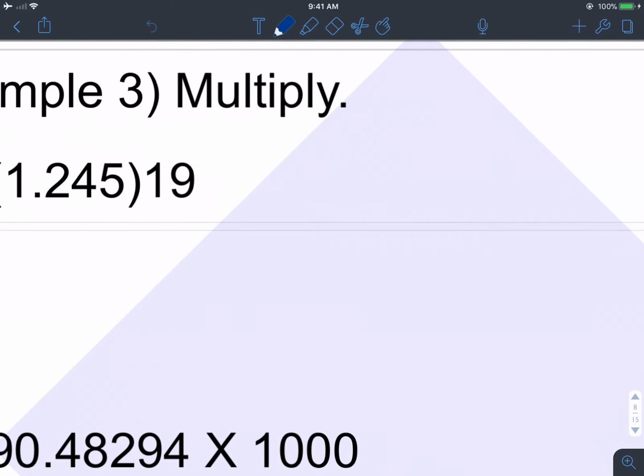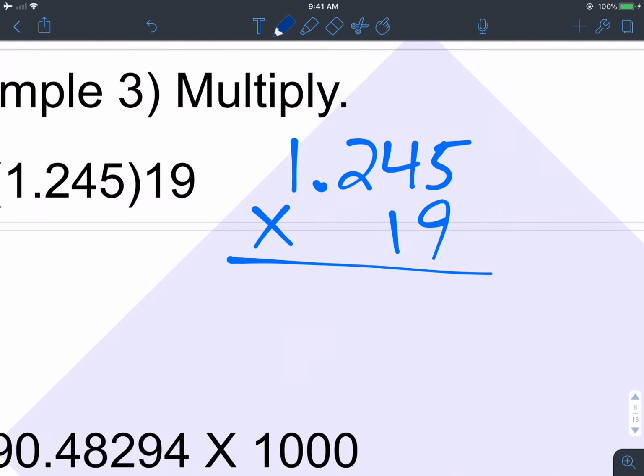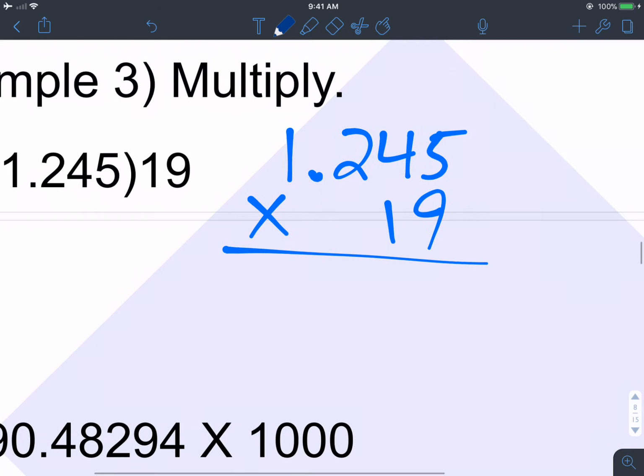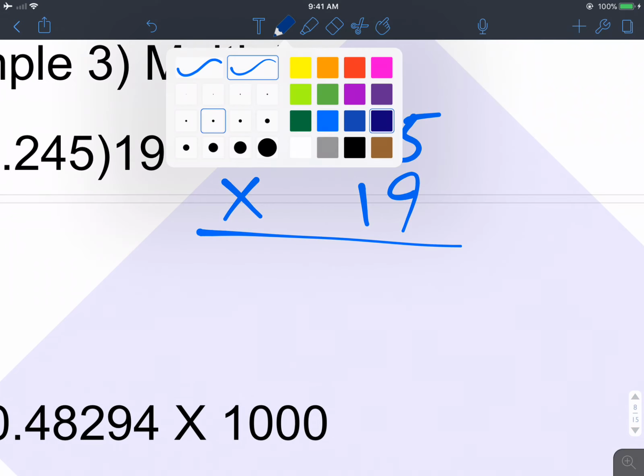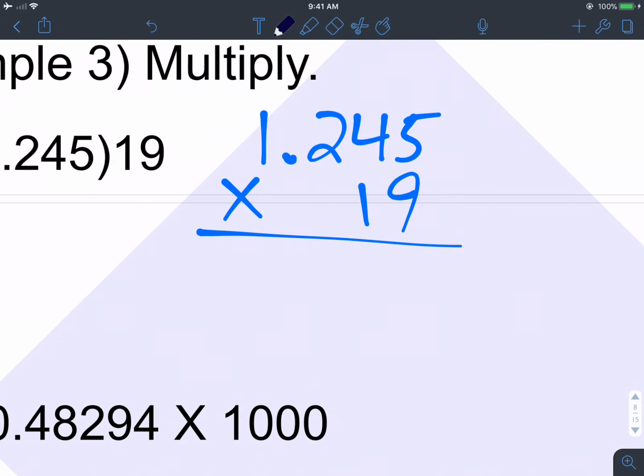So I'm going to do 1.245 times 19. You don't really have to line up the decimal point. Let's just go through it. 5 times 9 is 45, carry the 4. 4 times 9 is 36, 37, 38, 39, 40.